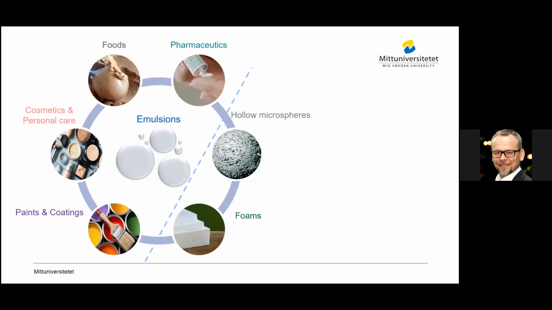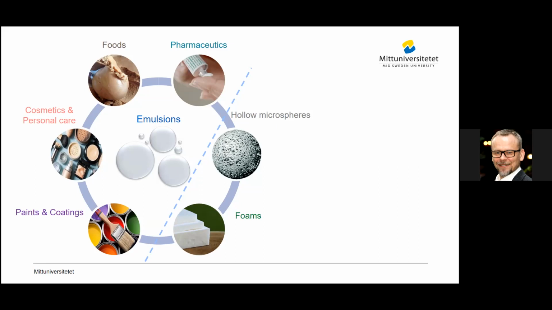And the application areas are very many. I mean, first of all, if you look from the left here, cosmetics and personal care may not be that important for some people, but very important for others. Foods, you might see a lot of different applications. I mean, the mayonnaise is one thing, and I don't say that you use cellulose there, but as an example of application areas, you can do other kinds of functional foods and so on.